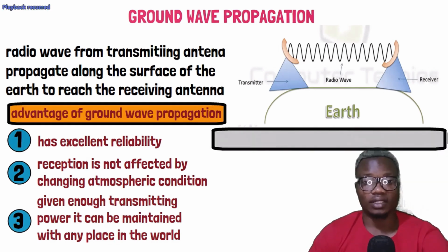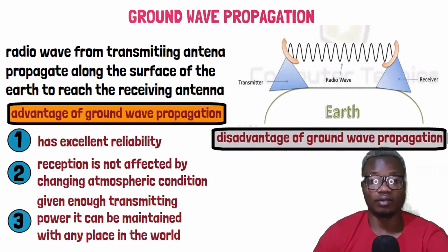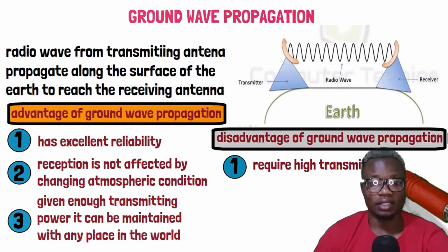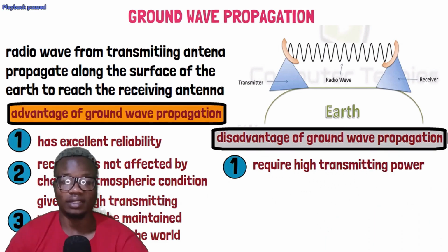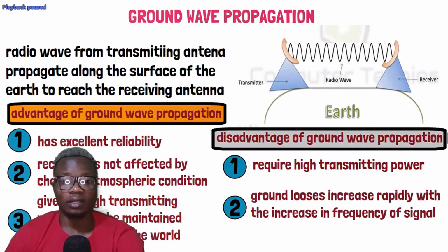Let us now see the disadvantages of ground wave propagation. The first disadvantage is that ground wave propagation requires high transmitting power. Sometimes achieving that high transmitting power is very difficult. The next disadvantage is that ground wave propagation involves ground losses, which increase rapidly with the increase in the frequency of the signal.